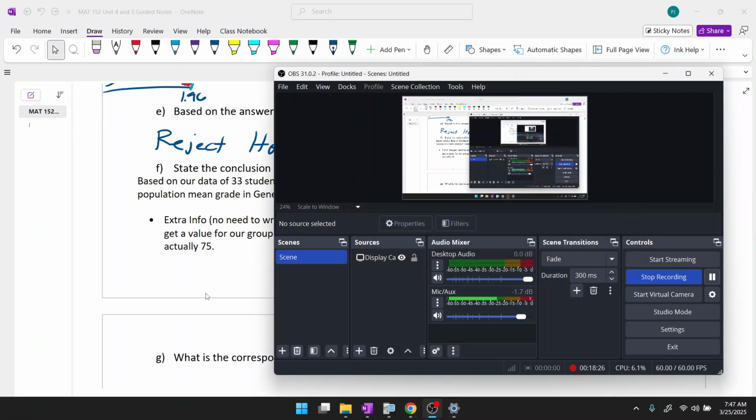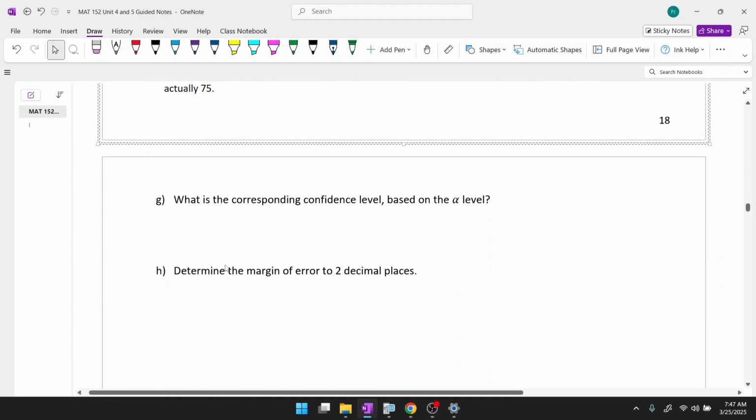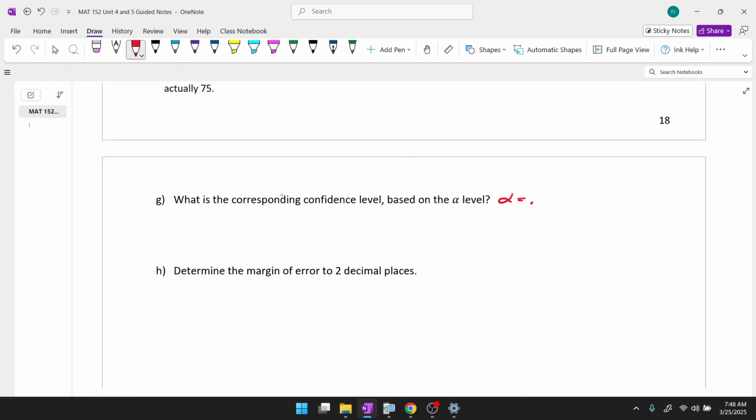So now, what is the corresponding confidence level based on alpha? Well, keep this in mind. Alpha was 0.025, and it was right-tailed or one-tailed. Believe it or not, this is actually very easy.